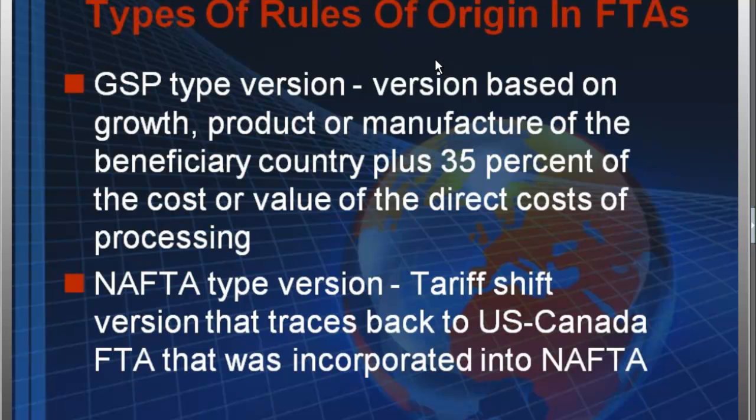Now, there are two basic types of free trade agreements. There is the GSP type version, which is based on a particular product being the growth, product or manufacture of the beneficiary country, plus 35% of the cost or value of the direct costs of processing added in the signatory country.